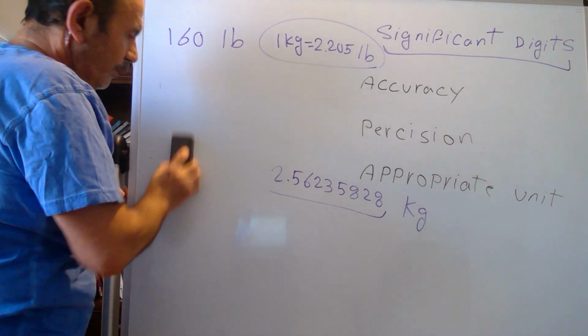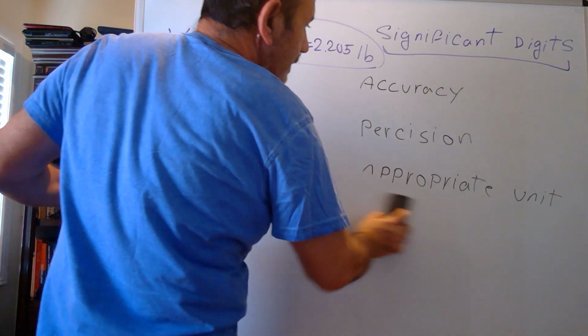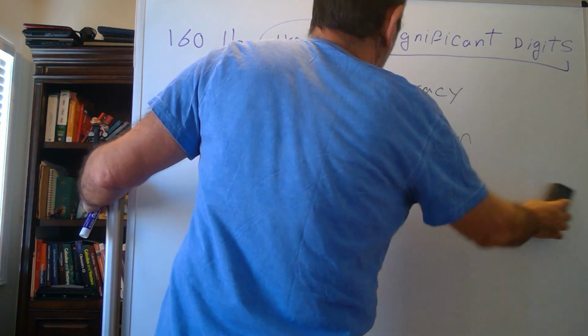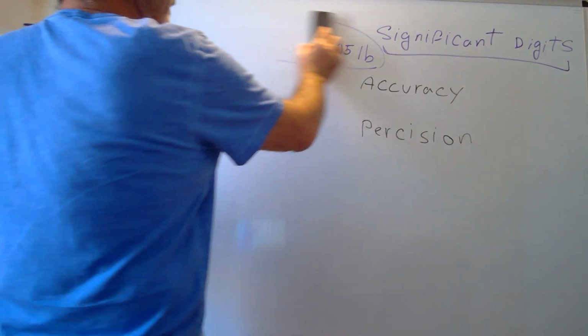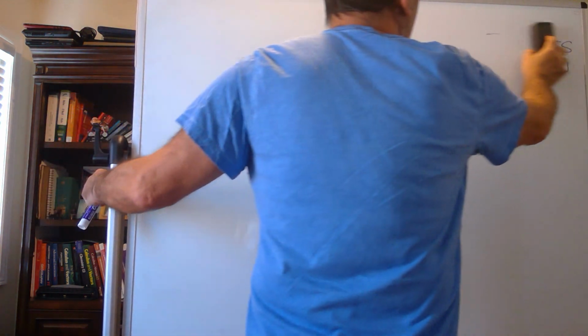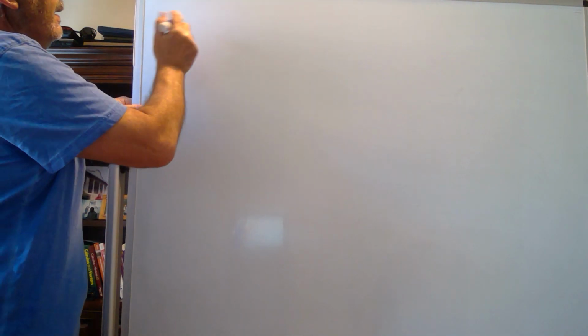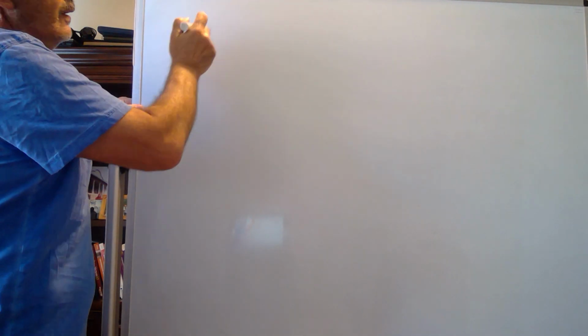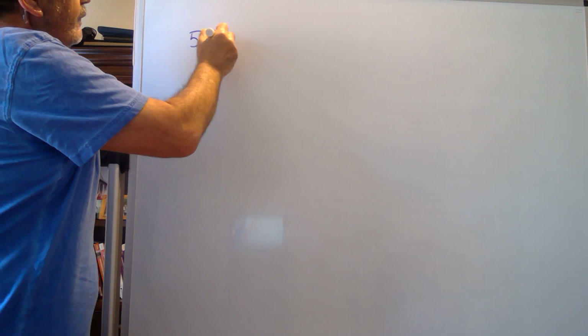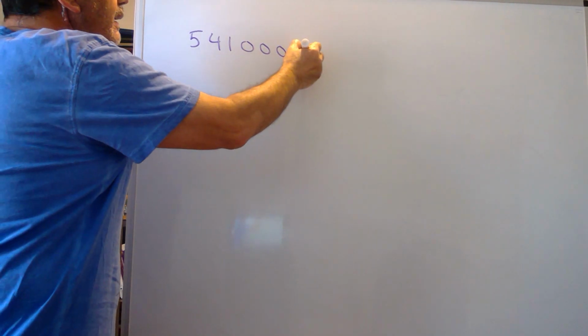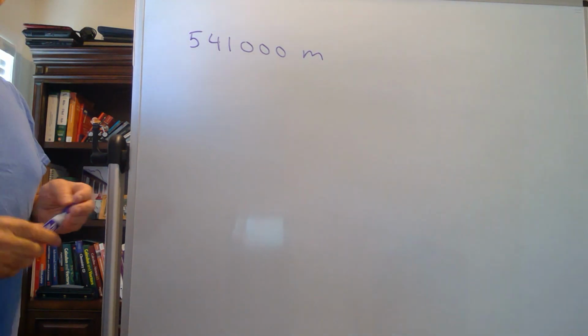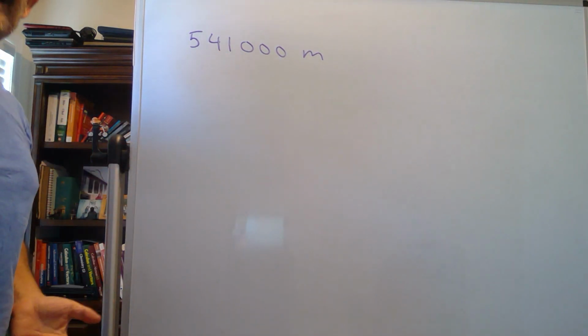Now, what are the rules of the significant digits? I go back to the previous example, the distance between these two cities. If I say the distance between Toronto and Montreal is 541,000 meters, as I explained in the example, these two zeros don't have meaning.